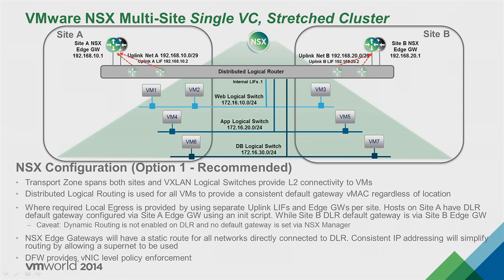While over in site B, any of the ESX hosts in this site will have their distributed logical router default gateway programmed via 192.168.20.1. So this ensures that any traffic that egresses the data center from site A uses the appropriate edge gateways, and the same for site B.